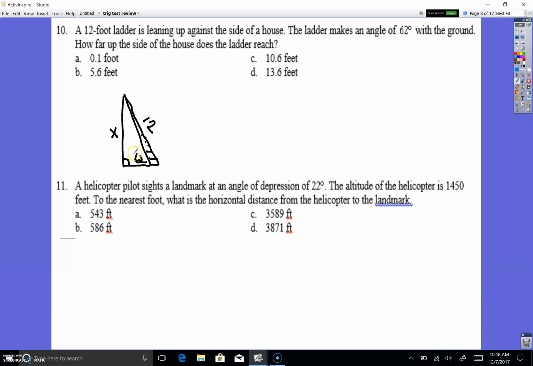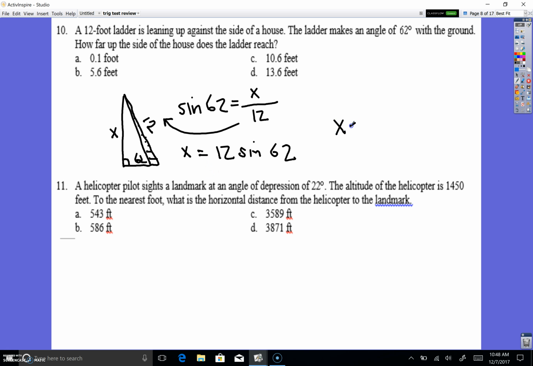So here I have opposite over hypotenuse, so I'm going to use sine. So sine of 62 is equal to opposite over hypotenuse. Again, I move this over here, so I get x is equal to 12 sine 62. Okay, so I get x is equal to 10.6.